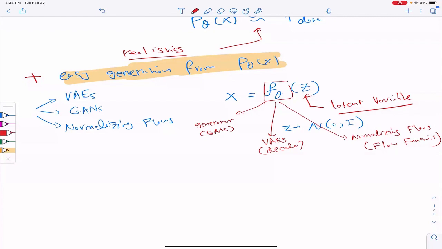The setup and the goal are the same. The only difference here is that this function is going to be a bit more complicated compared to the case of GANs or VAEs or normalizing flows.